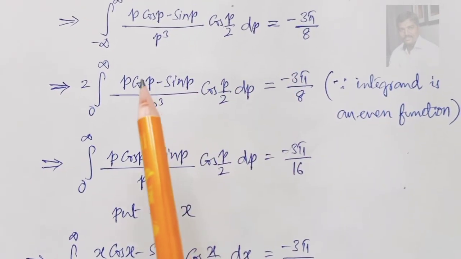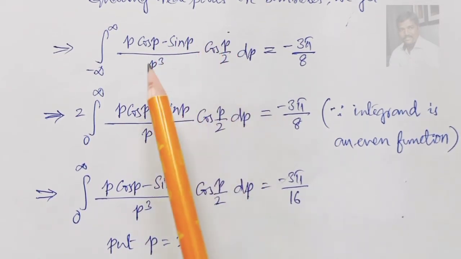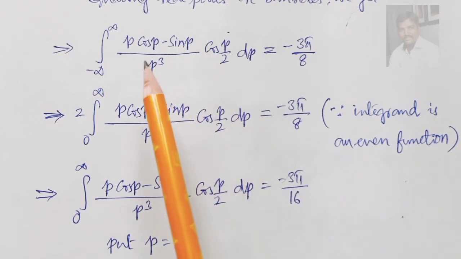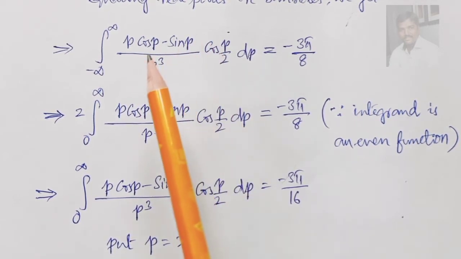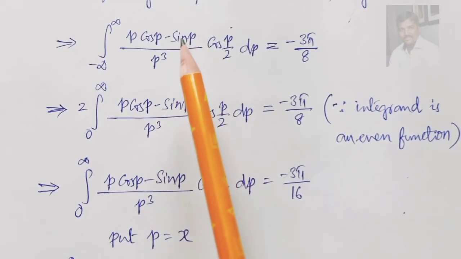Now you can observe one more thing here, the integrand is an even function. That means if I consider this as f of p, and put minus p in place of p, again I will get f of p.